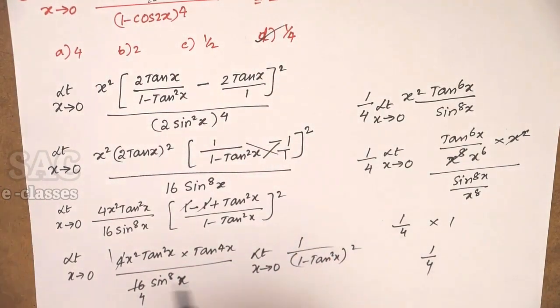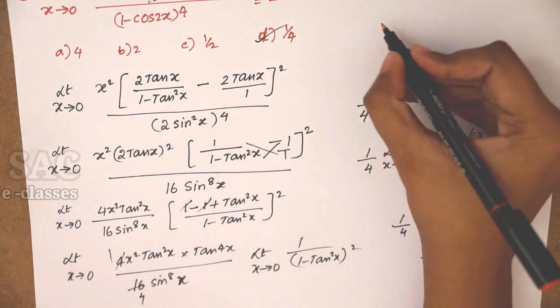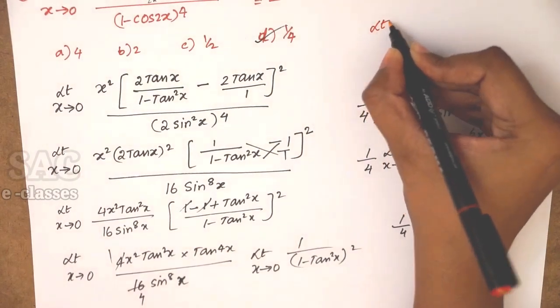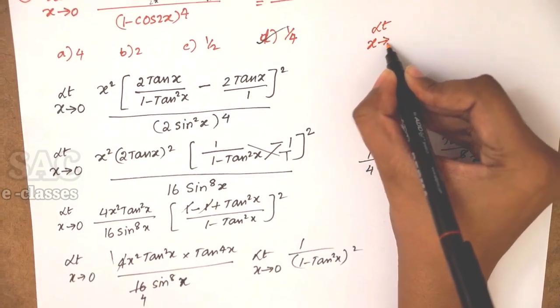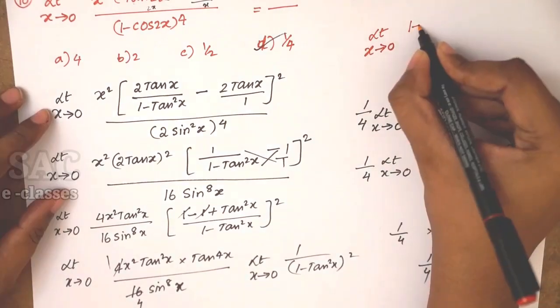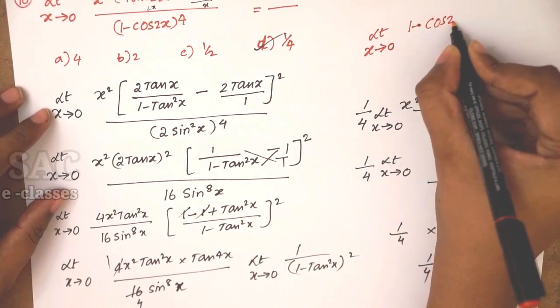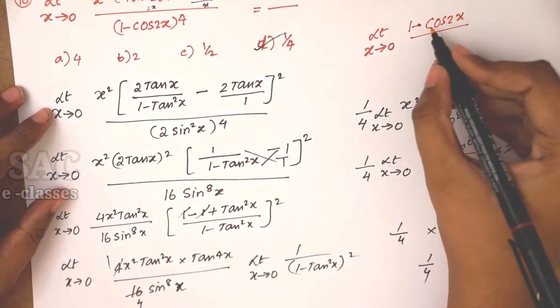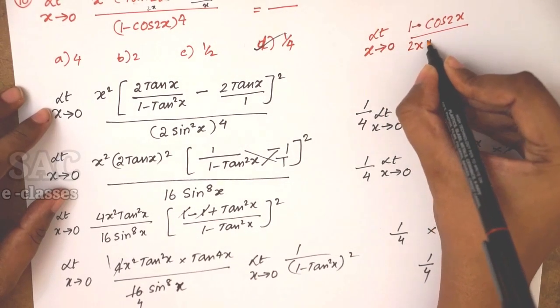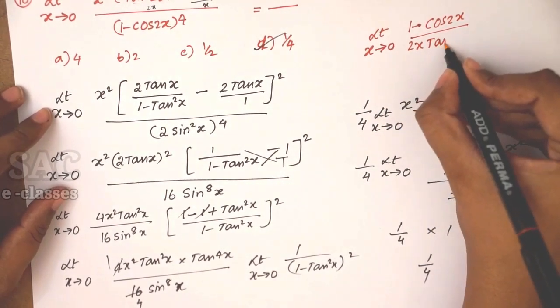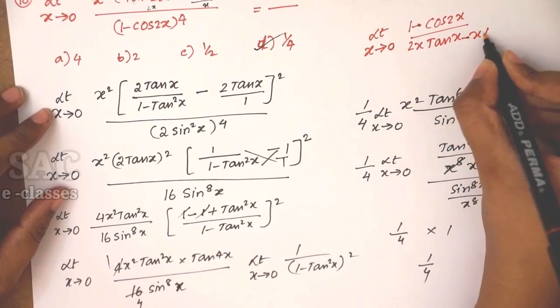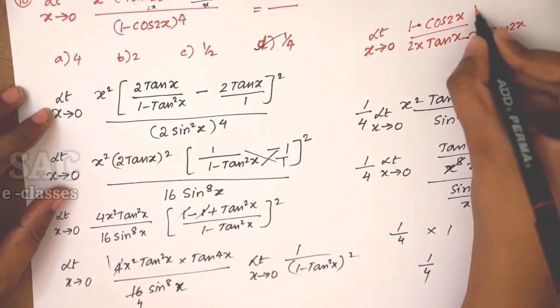If you have observed this problem, in the 2015 JEE Mains and in 2016 JEE Mains, the same problem was asked in this way. In 2015, they asked this problem as limit x tends to 0, 1 minus cos 2x by 2x tan x minus x tan 2x.